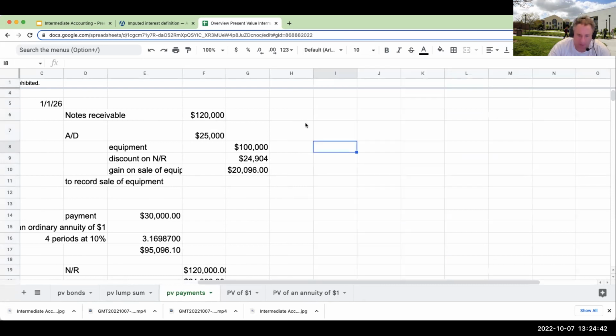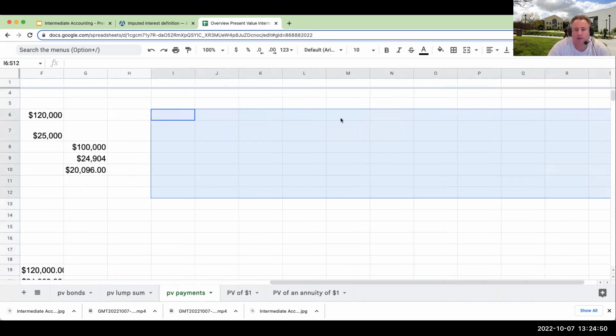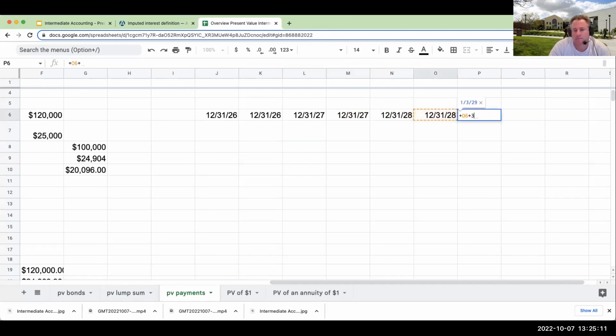What's the best way to approach these questions when we have payments? I would suggest, let's write out what we know. Every single year, on 12/31/26 and the following years, I'm going to be receiving cash and crediting the note receivable.